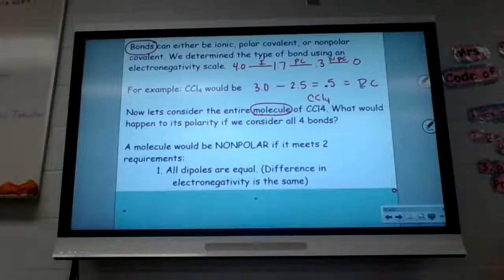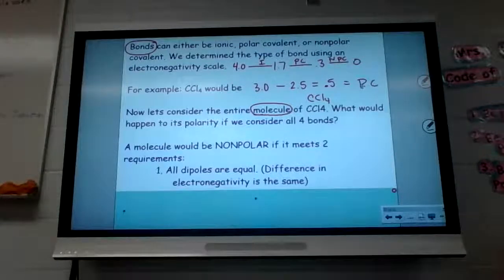So if all the differences in electronegativities are the same, then the dipoles are equal. So when you were subtracting yesterday and you got 1 point something, 0.04, 0.1, those were dipoles. If they're all the same in the molecule, that's one of the requirements to be non-polar.